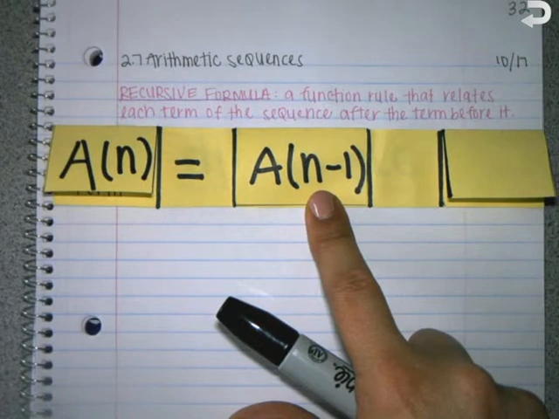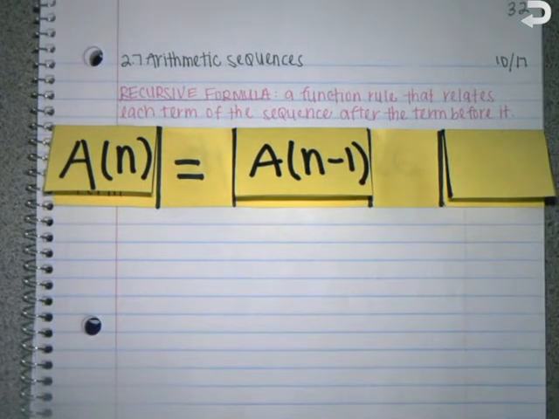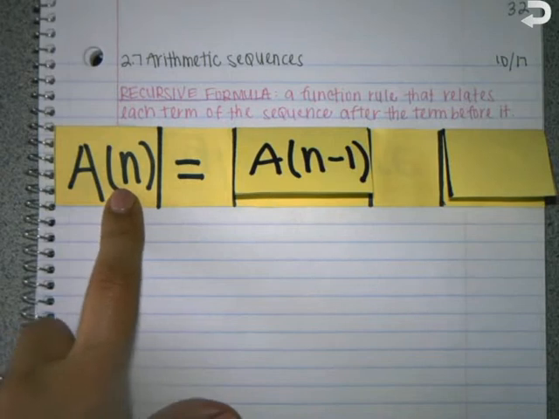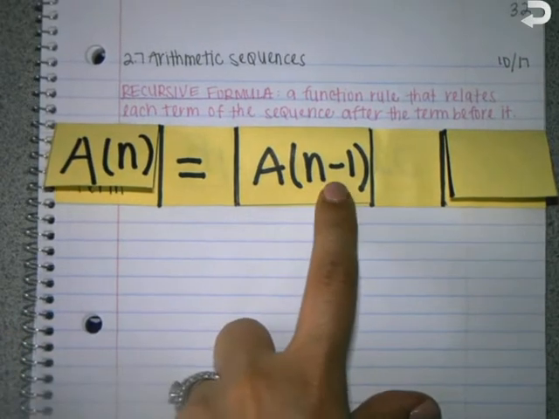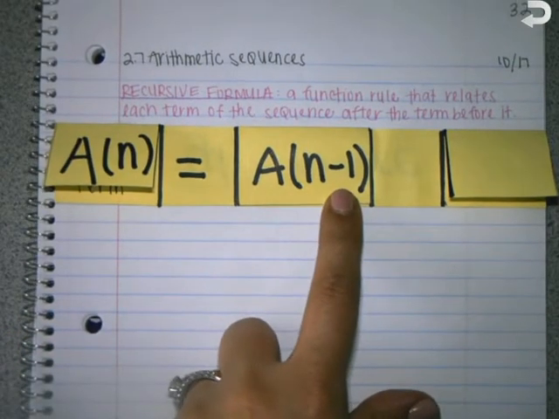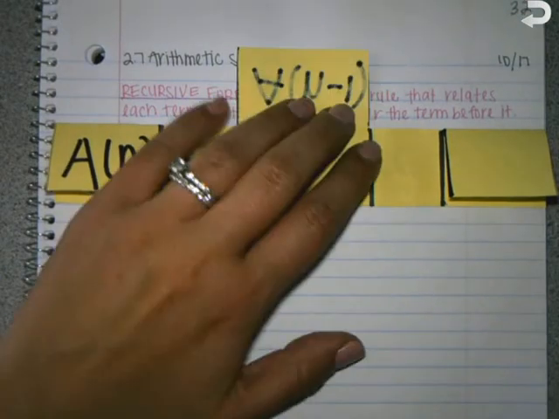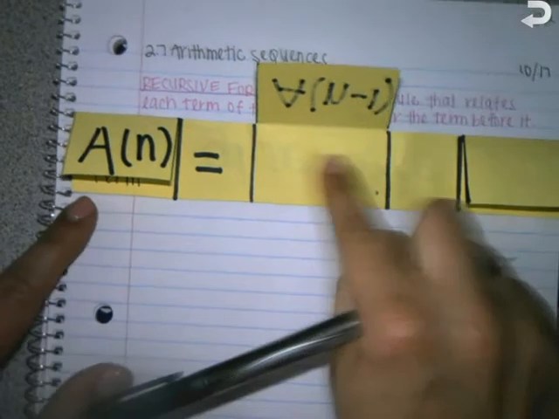You just had a term before that term. The previous term, because what does minus 1 mean? If I'm looking for the fourth term, then A of n minus 1 would be the third term, because 4 minus 1 is 3. So that would be called the previous term.